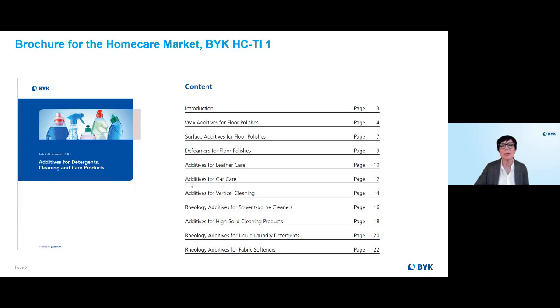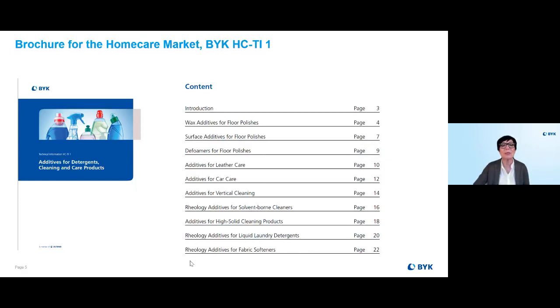But here again, even solvent-borne cleaners you will find, and additives for high solid cleaning products, fabric softener. So you will find a lot of information about the different applications in HI&I.